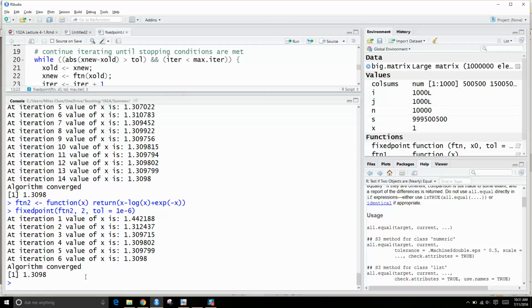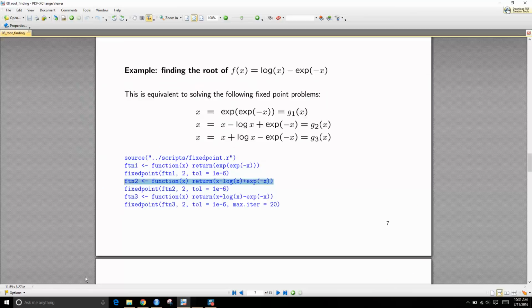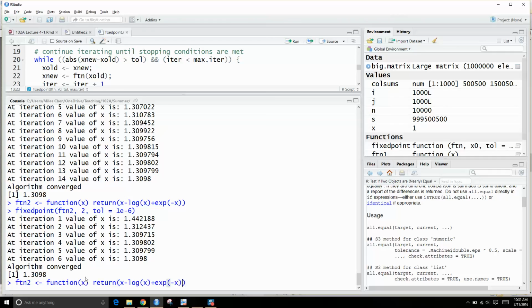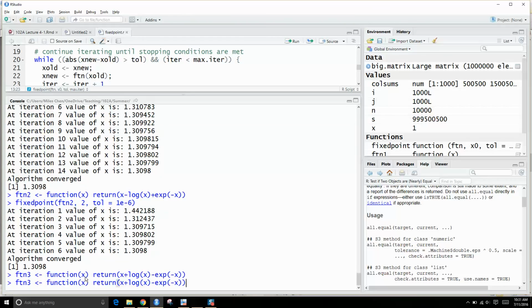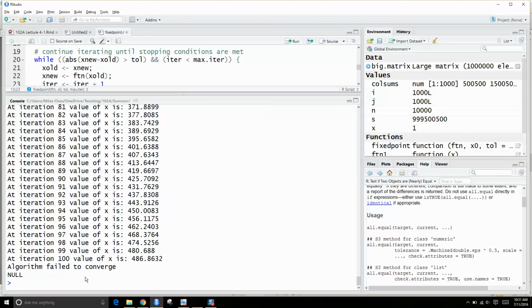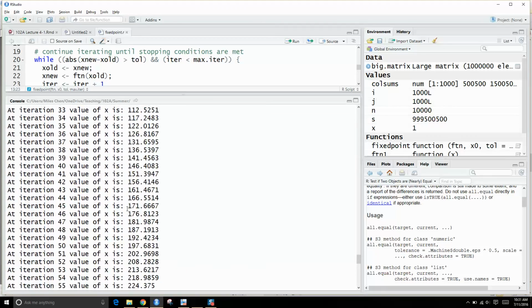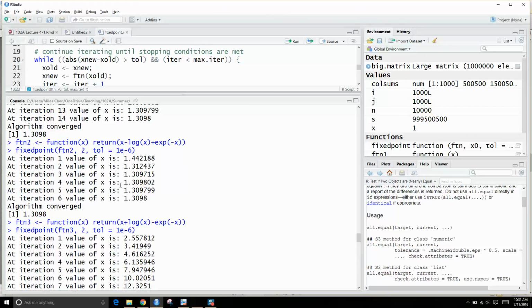So whatever function we have, it can affect the result, okay? And then function 3 is basically x plus log x minus that, and I can run it, and here it failed to converge after function 3.